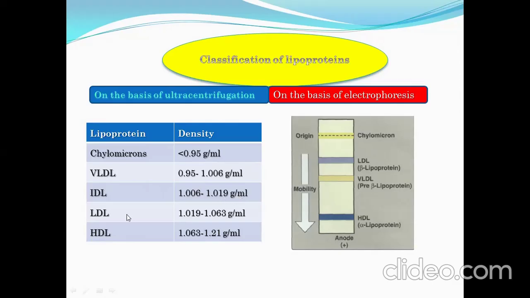Low density lipoprotein is 1.019 to 1.063 gram per ml. Whereas HDL, high density lipoprotein, is 1.063 to 1.21 gram per ml. So based on density and size, these molecules can get separated. That is based on ultracentrifugation.